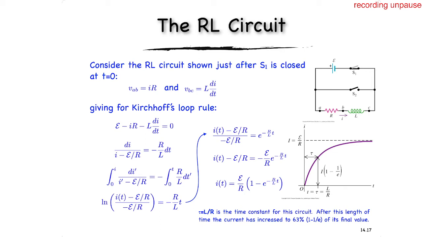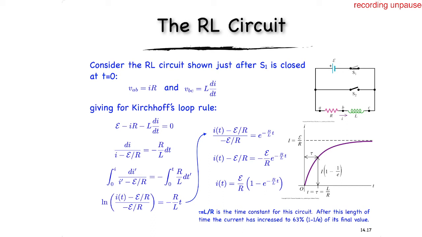So basically, when t equals L over R, this term will be e to the minus 1. And that's our characteristic way to measure the time it takes an exponential growth or decay to occur. So that time constant is L over R.